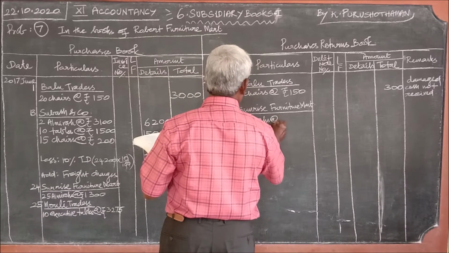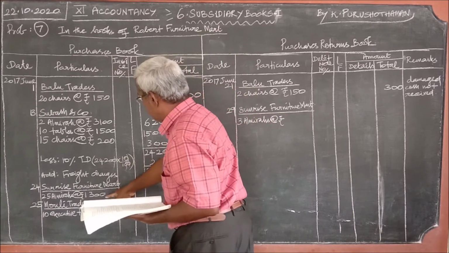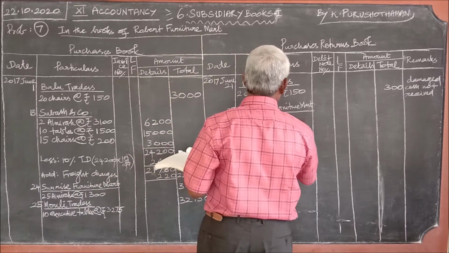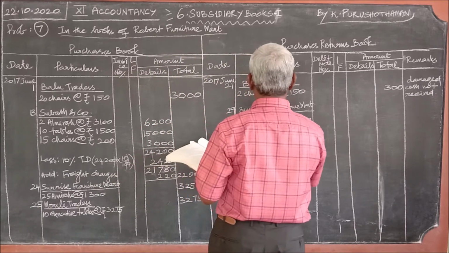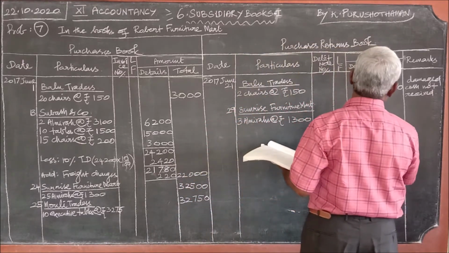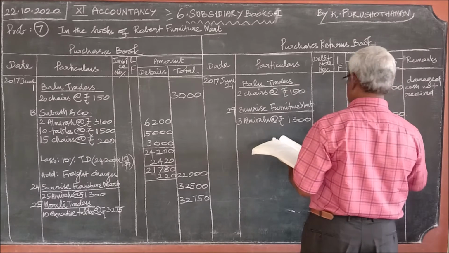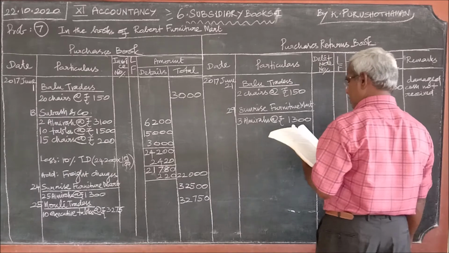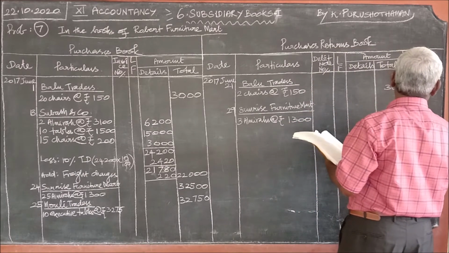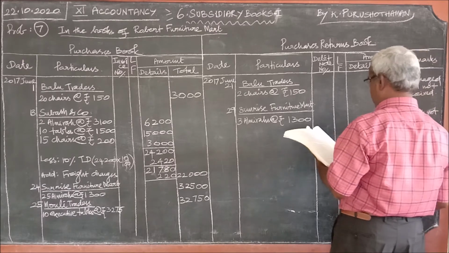At what rate were they bought from Sunrise? At the rate of rupees 1,300. So you multiply, you will get 3,900. Cash not received.